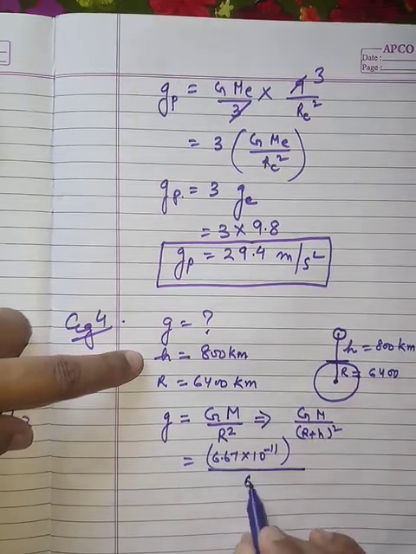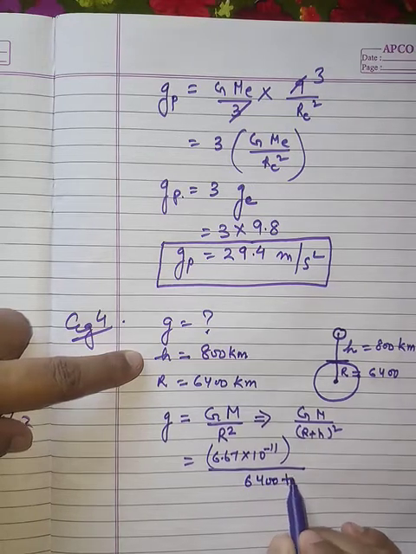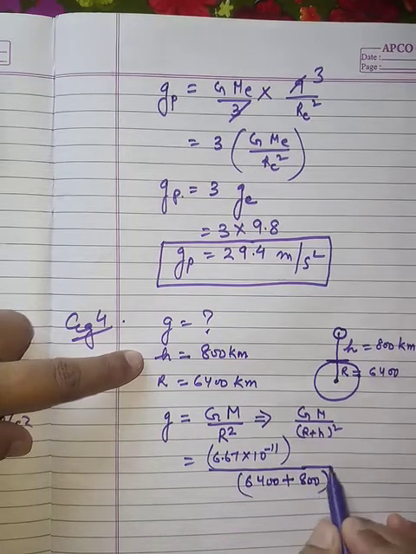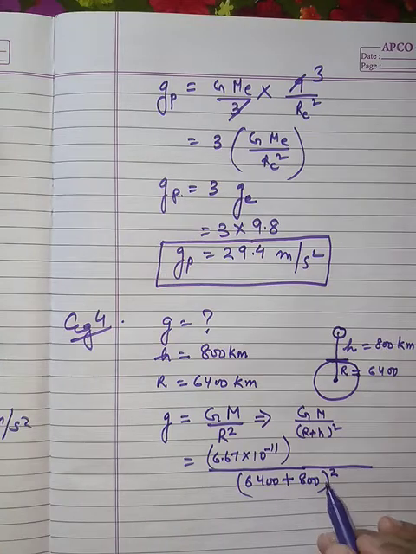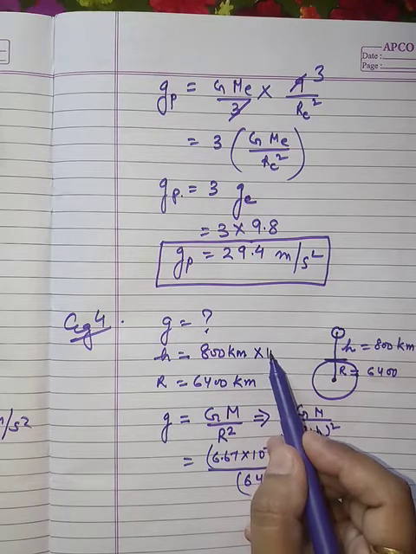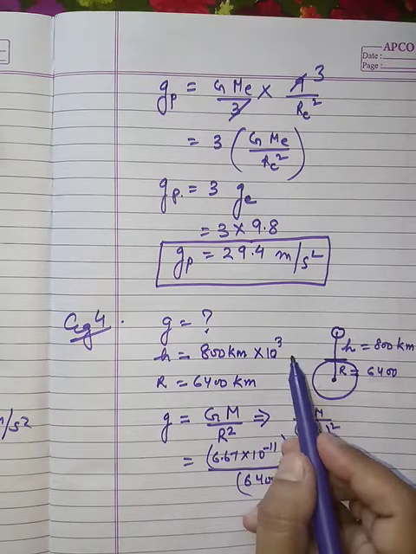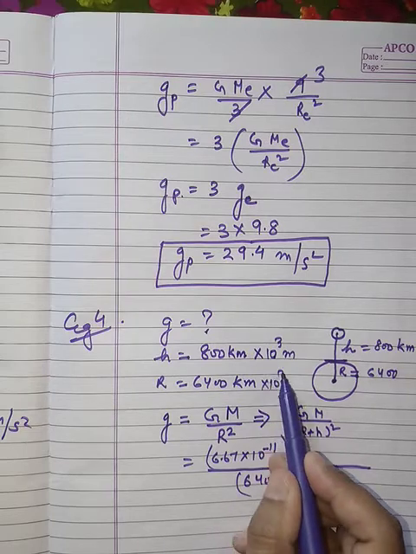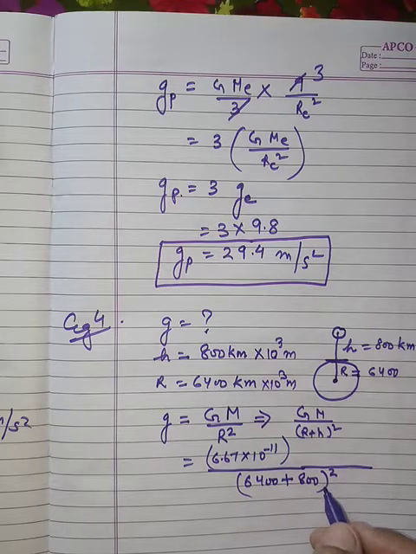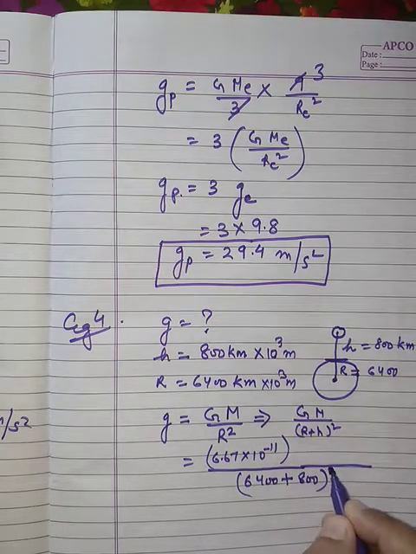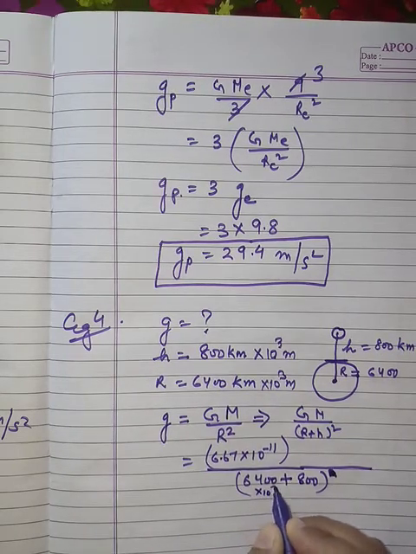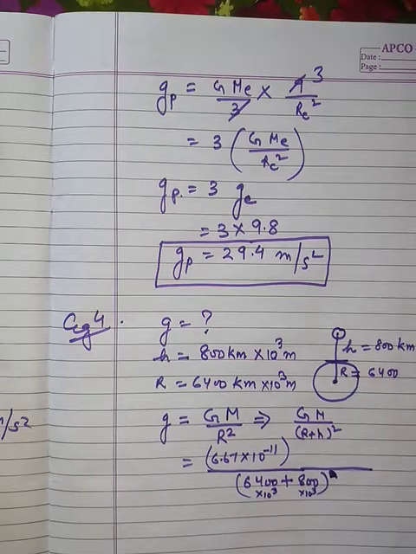So divide by 6400 plus 800 whole square, but it is in kilometers. So 10 raised to power 3 meters, we have to convert it into meters. So we have to include this also: 64 plus 800, multiplied by 10 raised to power 3, multiplied by 10 raised to power 3.